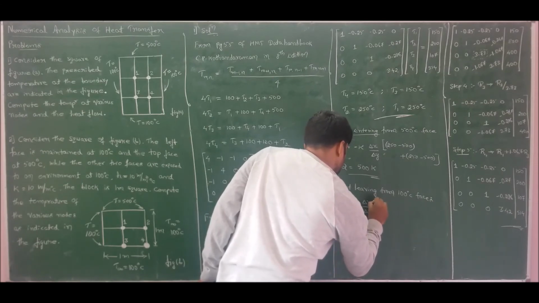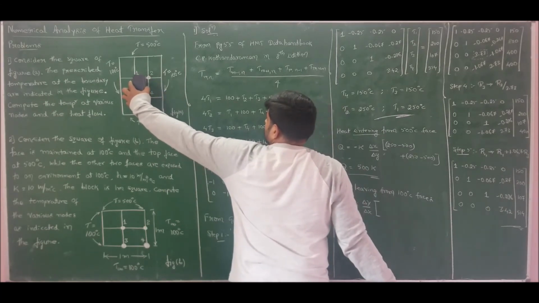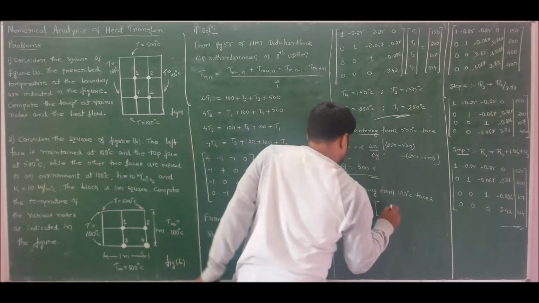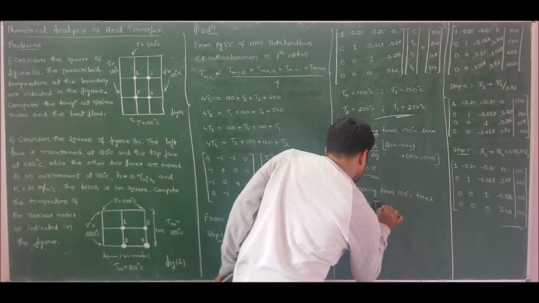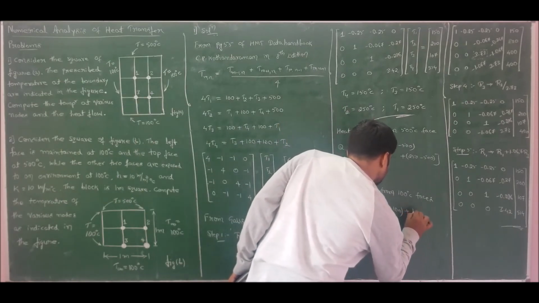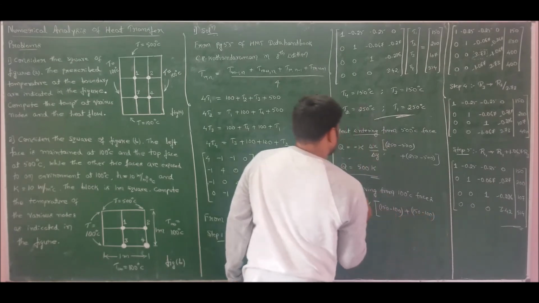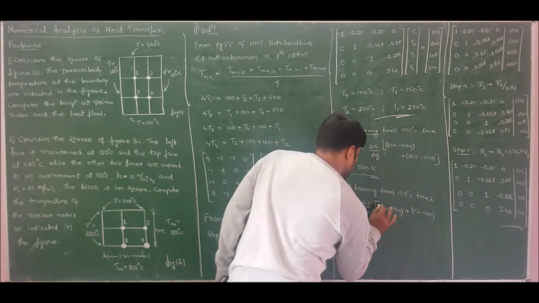So for a square, delta x is equal to delta y. Let me take the difference from here. It is T1 minus 100, T1 is 150 minus 100 plus T3 minus 100, T3 is 150 minus 100. Sorry, T1 is 250.